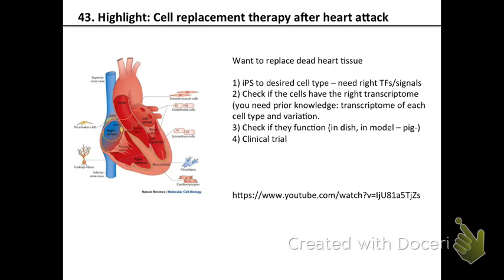And to know what that right cell type is, you need to know what the transcriptome of each cell type in the cardiac cells is. So these are the types of experiments that are ongoing, and people are actually starting companies to do this kind of work, right? So at some point, we're going to get cells into our hearts to replace our bad tissue, which will be good.